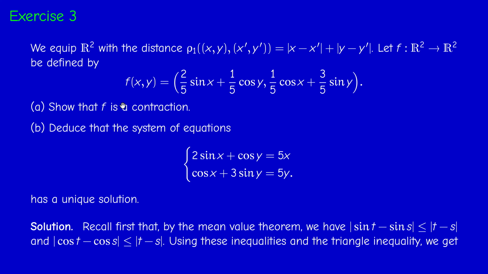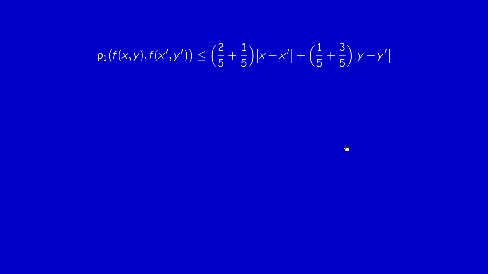Now I write f of (x, y) in this form, and then I write f of (x', y'). And I subtract the two: first component minus first component, second component minus second component, and I take absolute values.